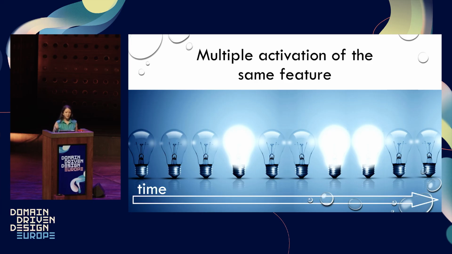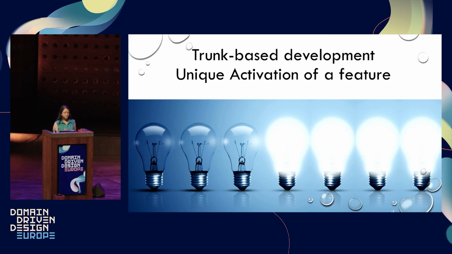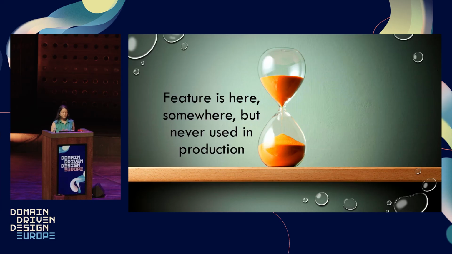That means that we have multiple activations of the same feature. It's not the case of trunk-based development using a flag. So the feature is here, always, somewhere, but never used in production.